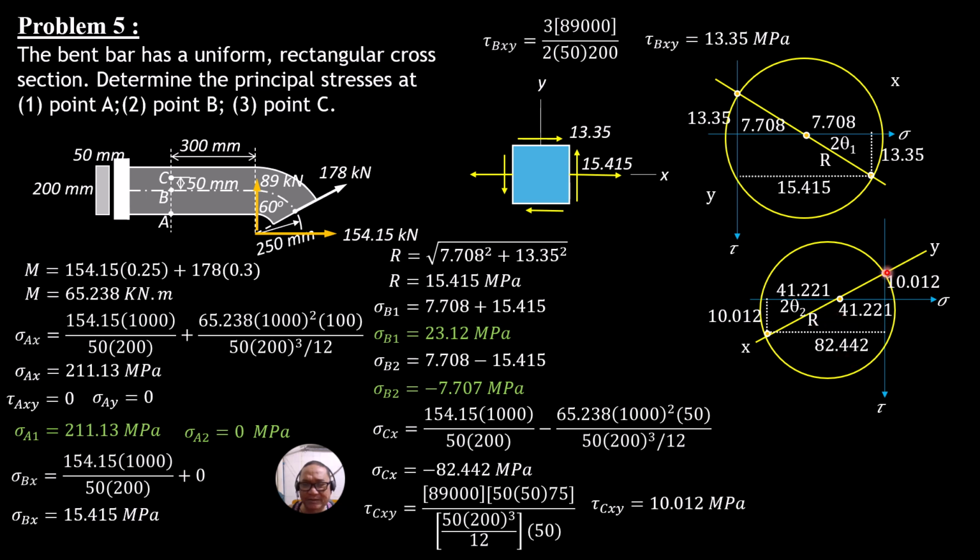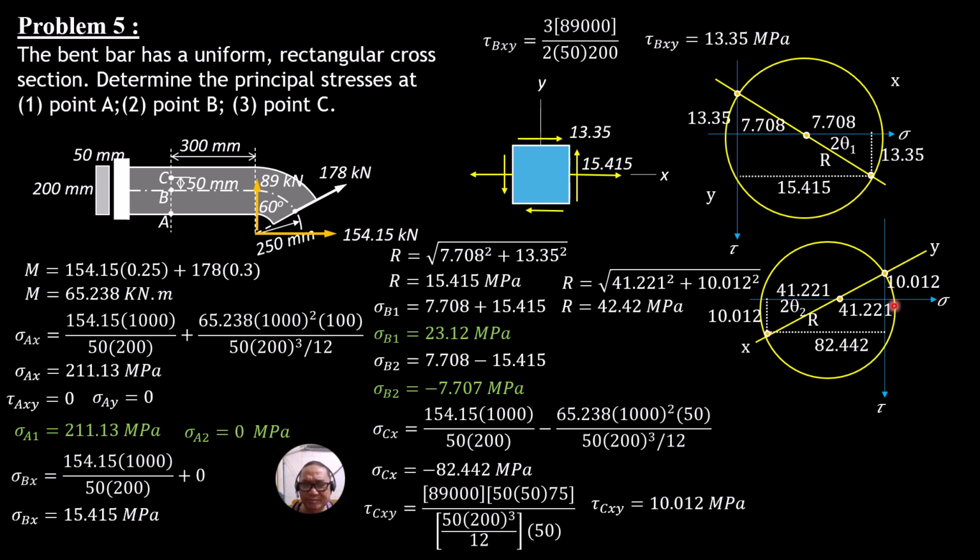82.442 plus 0 divided by 2 is 41.221. So that's 41.221. We can now compute the radius. Square root of 41.221 square plus 10.012 square. And that radius is equal to 42.42 megapascals.